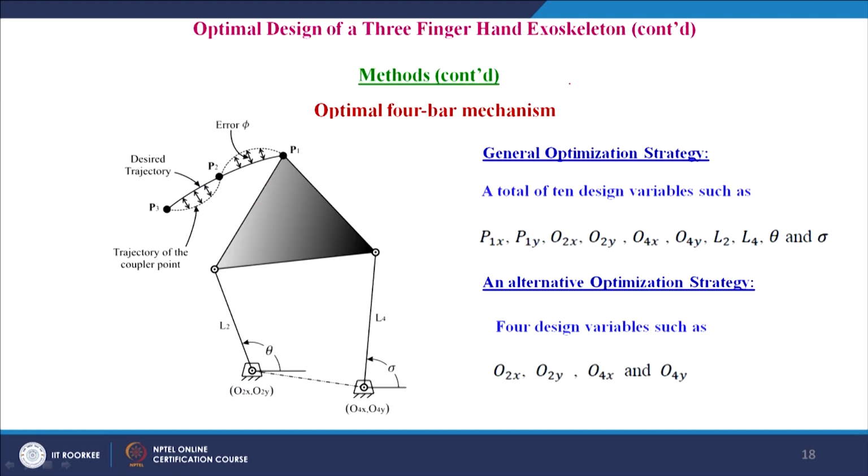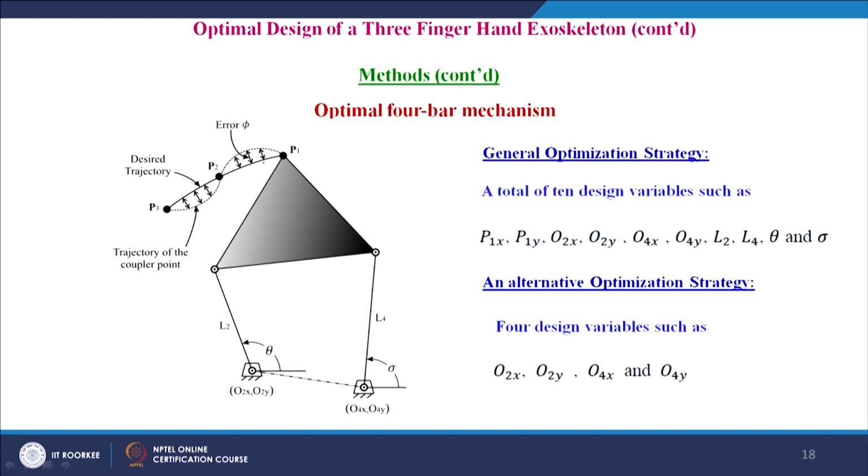So, where does the optimization come in? Now we are going to the optimization after the 3 position synthesis of the 4-bar mechanism. Having placed the marker on the finger phalanx, we want the optimal 4-bar mechanism, so that the discrepancy between the desired human trajectory, that is the darker line here, and the dotted line, that is the trajectory traced by the 4-bar mechanism, must be minimized.